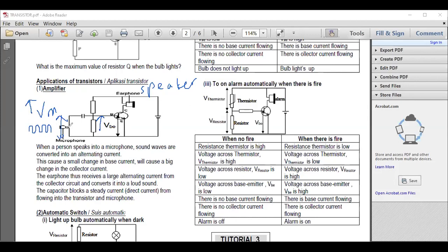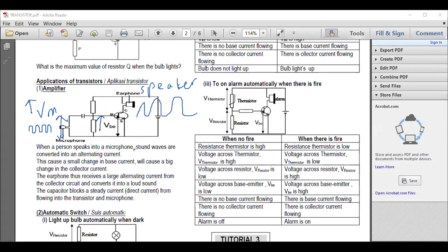Before, when the microphone doesn't detect any sound, there's no voltage across the microphone because there's no source, so voltage across the microphone will be low, and voltage across the base will be low. But when the microphone detects sound, there'll be an increment in the voltage across the microphone and across the base. Small changes in the base voltage produce big changes in your collector current. So small changes in your base current cause big changes in your collector current. That's why it's able to produce a louder sound.